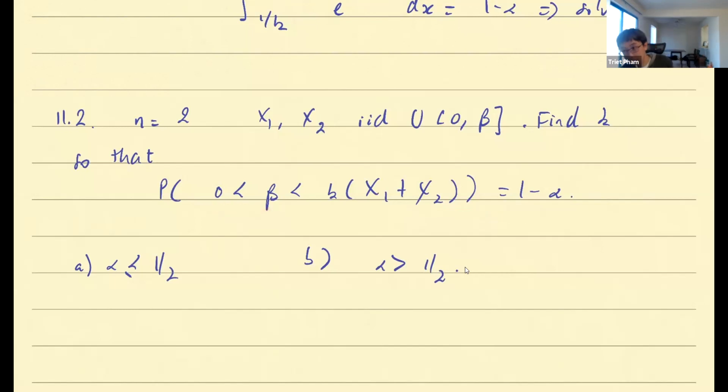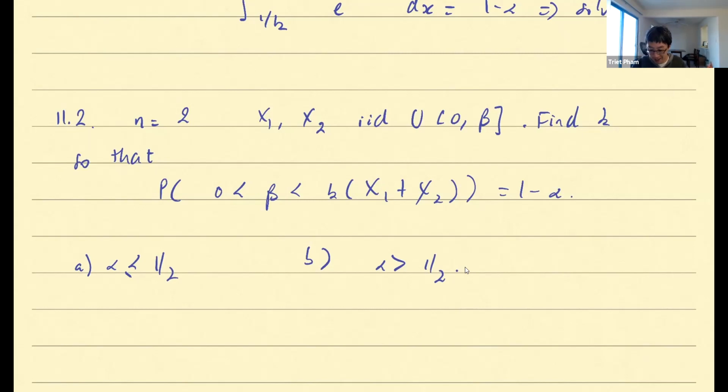What do you need to do to solve this question? The joint PDF is easy.